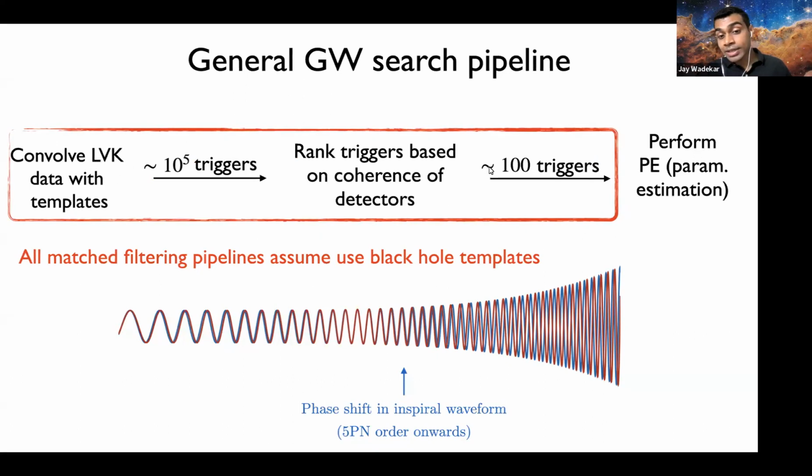And this data reduction was dependent on what physics you have in your templates. So one worry we had was that you could lose some of these events just because you have some physics missing in the template bank. And currently all matched filtering pipelines assume binary black hole templates.